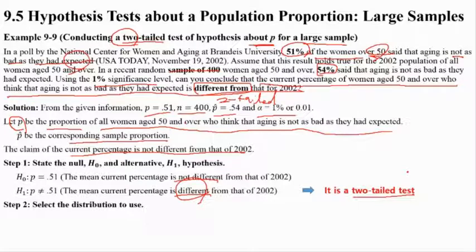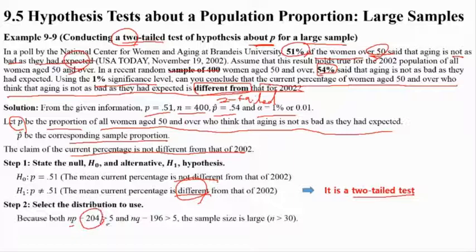Next, select the distribution. What kind of distribution are we going to use? We collected data, so NP is given: 400 times 0.51 is 204, more than 5.